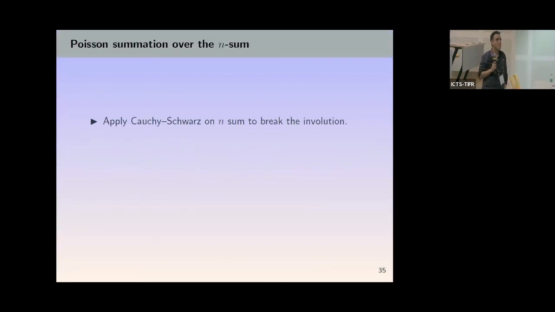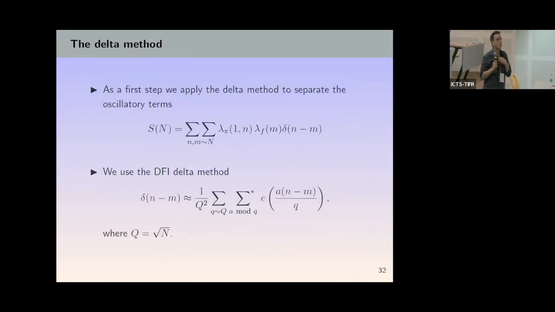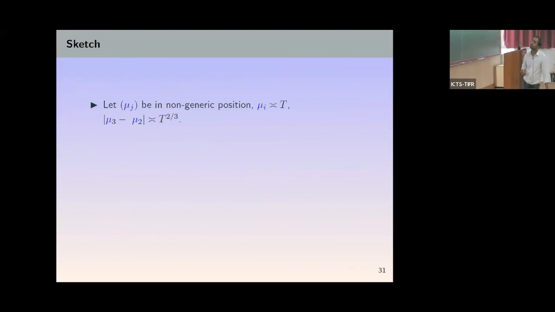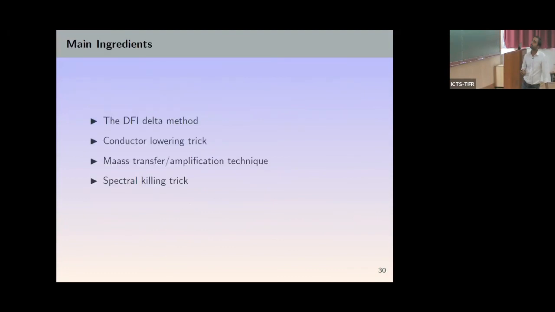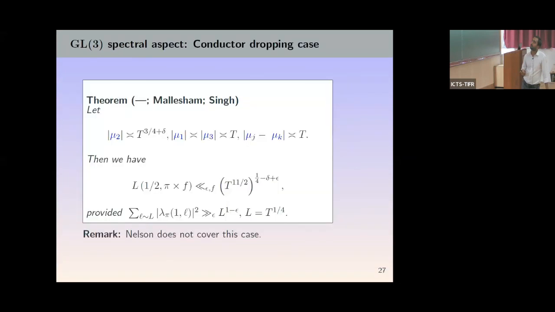Which one? Okay. This one? So this delta will reflect in the subconvexity. Delta is very small.